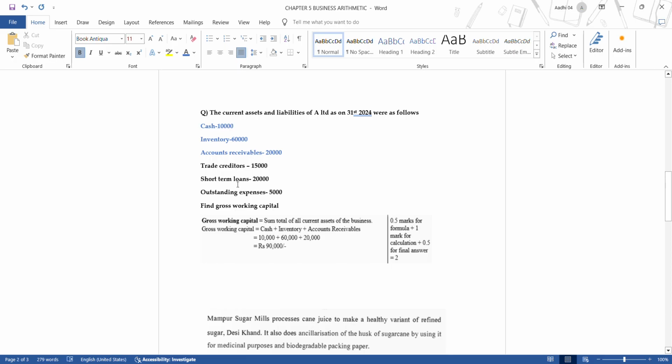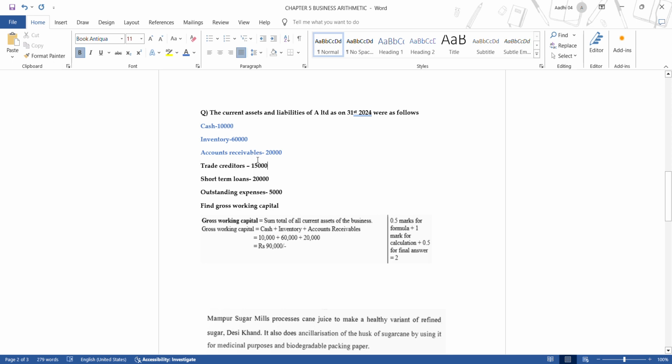Trade creditors, short-term loans and outstanding expenses. Outstanding expenses is a liability because the amount is not paid yet. So short-term loans means we are taking loans from a financial institution and we have to pay it back. Creditors also, we have borrowed fund or money from the people or any other companies, we have to pay it back.